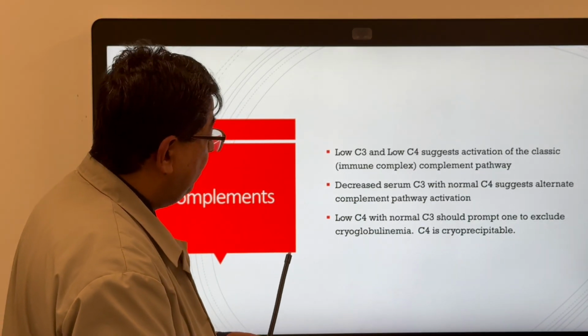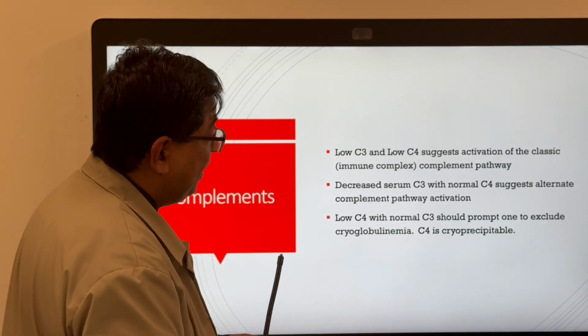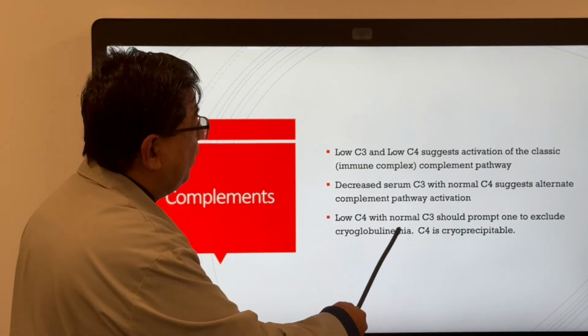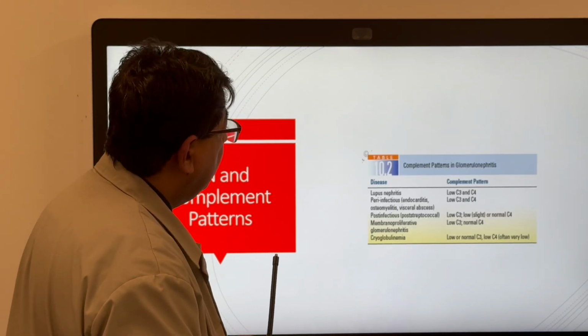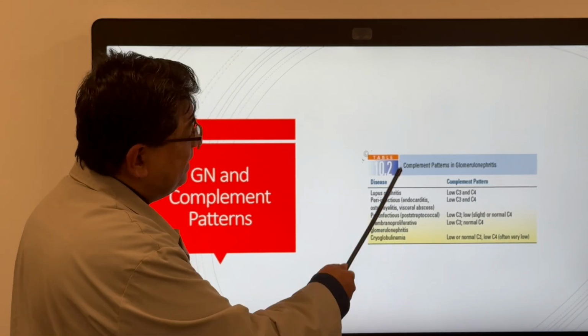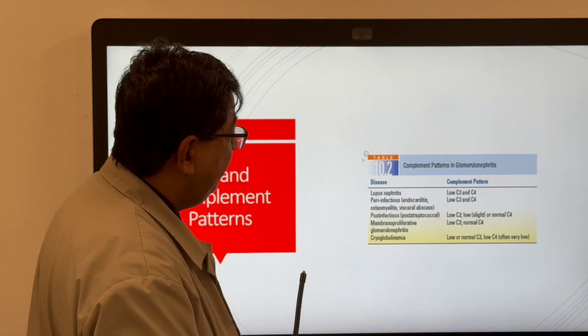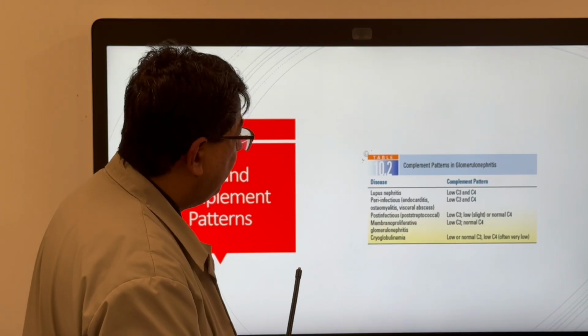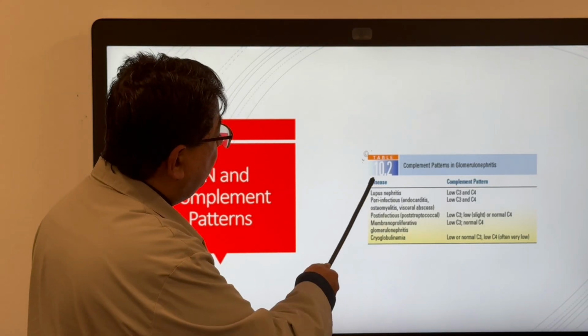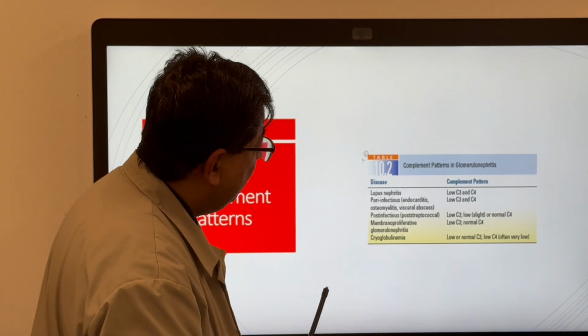The typical scenario in which the C4 is low is cryoglobulinemia, because C4 is cryoprecipitable. So this is typically something that we keep in mind. If you have both low C3 and low C4, you're thinking about lupus, peri-infectious.